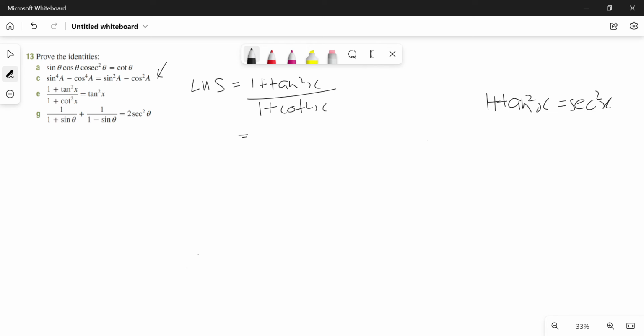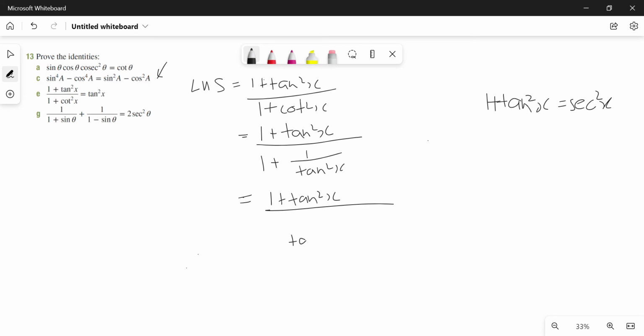well actually no, I won't do that. What will I do? All right, so bit of a long way round, but anyway. So what I could do is, as cot is 1 on tan, I could keep it as 1 on tan. So this is going to become 1 on tan squared x here. Now if I make a common denominator for the denominator, so I've still got 1 plus tan squared on top.